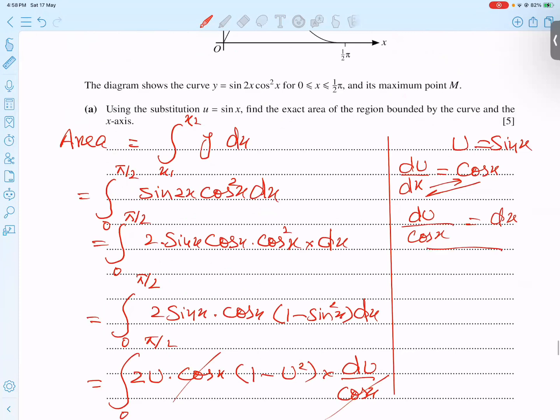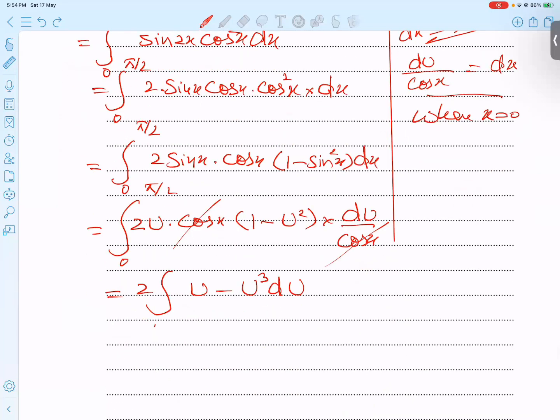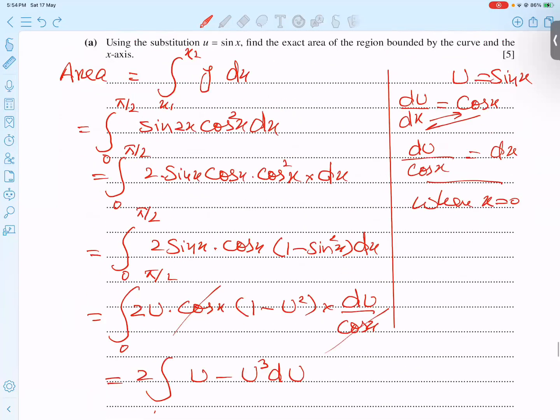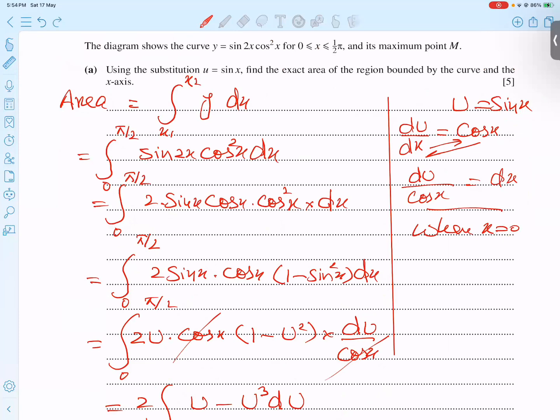The limit will change as well. Now how to convert the limits? Right here, when x equals 0, sine x is sine 0. So students, what is the limit here? 0. When I plug in 0, sine 0 is 0. So this is called the lower limit.